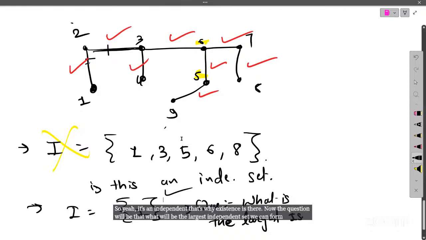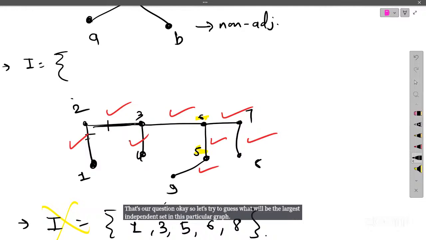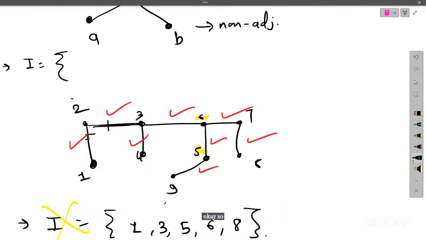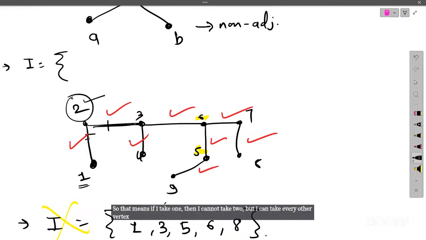That's our question. Okay, so let's try to guess what the largest independent set in this particular graph will be. If I consider vertex number 1, the adjacent vertex to vertex number 1 is only vertex number 2. So if I take 1, then I cannot take 2, but I can take every other vertex. But if I take 2, then I cannot take 1 and I cannot take 3 in my independent set.